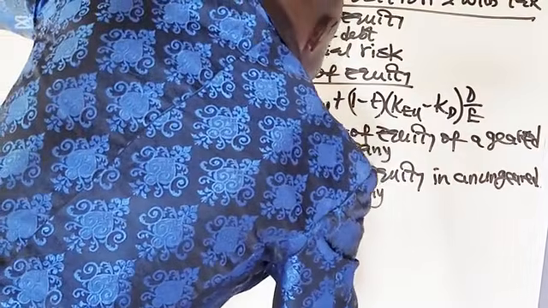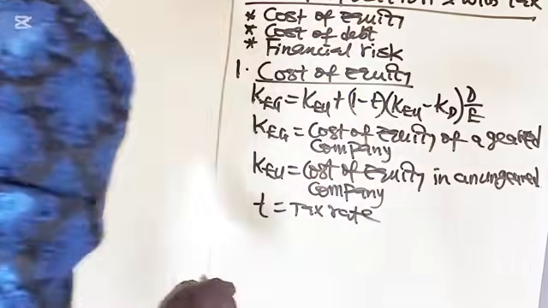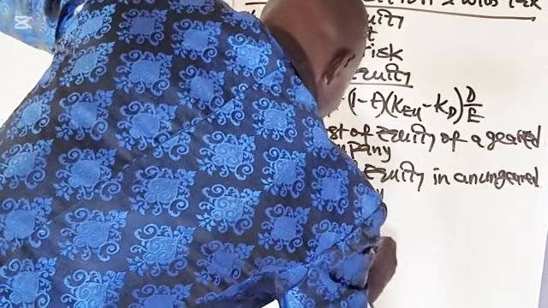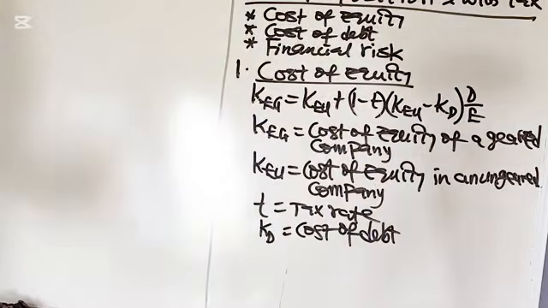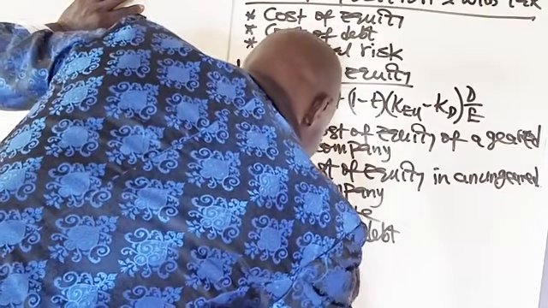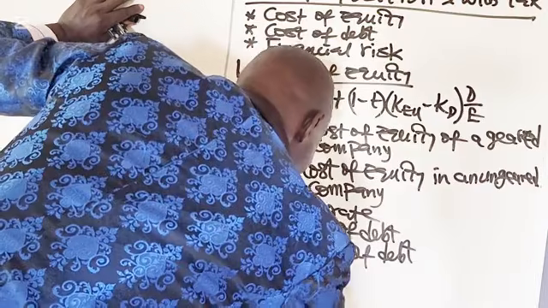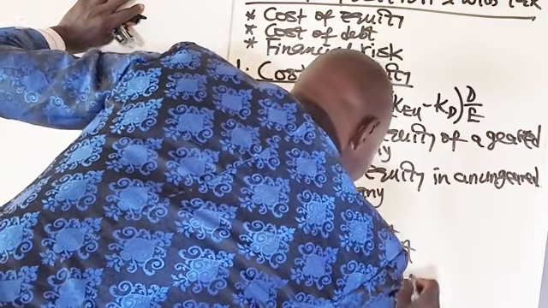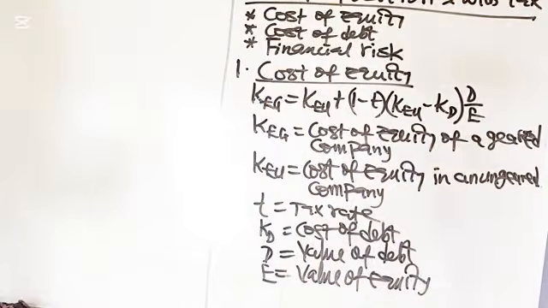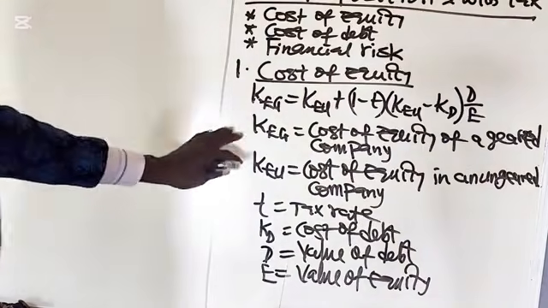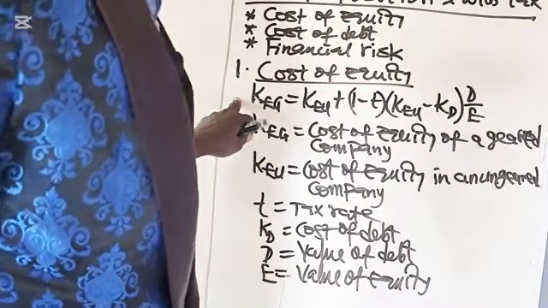T, that is tax rate as before. Kd, that is cost of debt. Then the letter D stands for value of debt, that is market value of debt. And the E is the value of equity, that is the market value of equity. So that is the formula for calculating the cost of equity in accordance with M&M Proposition 2.